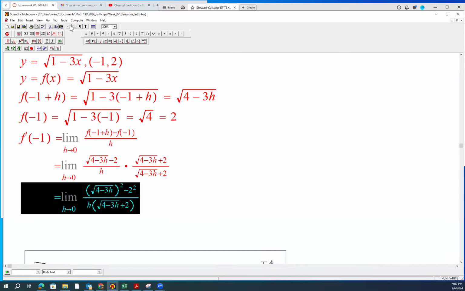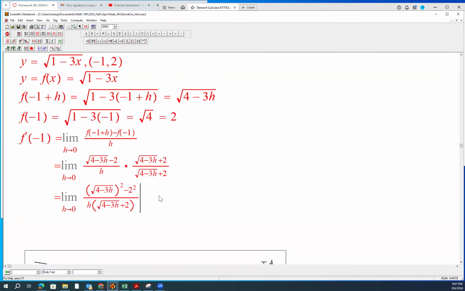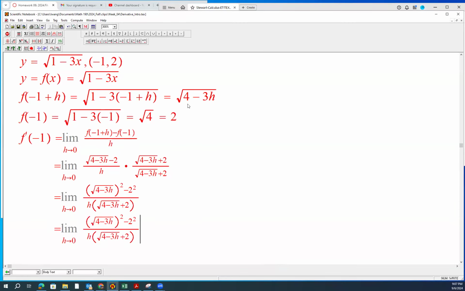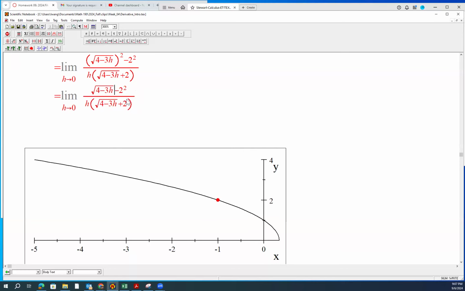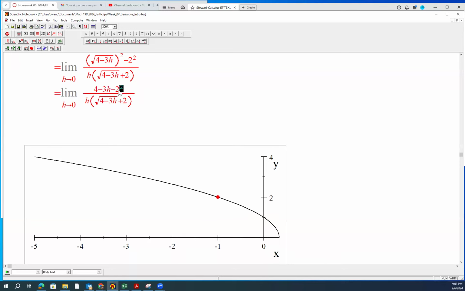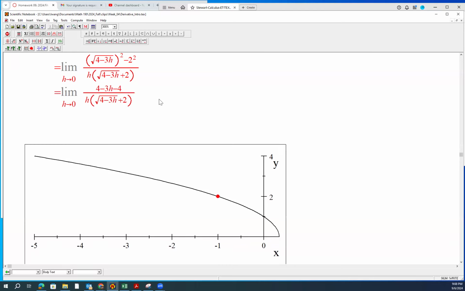It's the routine. If you need to pause and do your own, I highly encourage you to do that. After this, we got 4 minus 3h minus 4, so 4 minus 4 is 0.